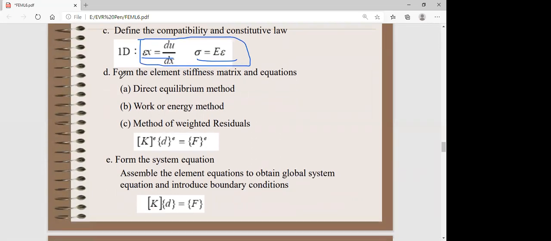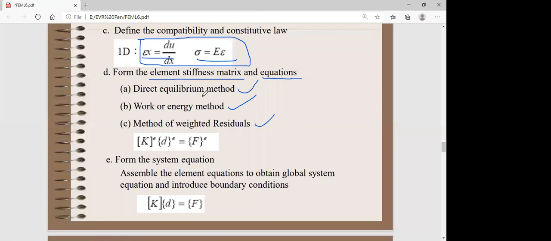Next we have to form the element stiffness matrix and element equations. To form them, there are some methods known as the direct equilibrium method, work or energy method, and method of weighted residuals.